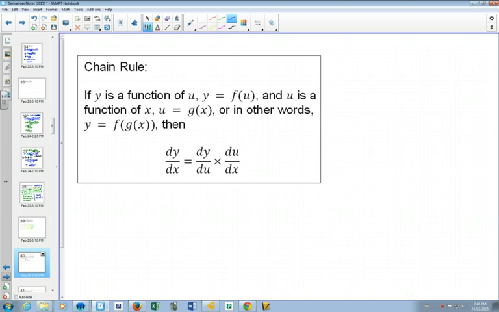You do the derivative of the outside function, and then you multiply it by the derivative of the function that's inside. So when doing all of these ones, you sort of start on the outside and work your way in, because we'll have some questions that are chain rules within chain rules within chain rules. And we'll see what those look like.